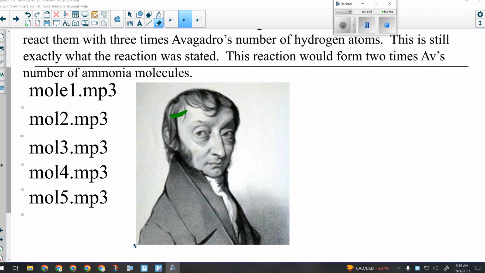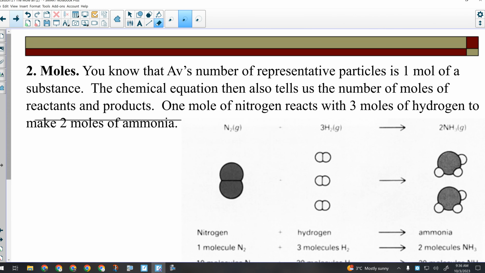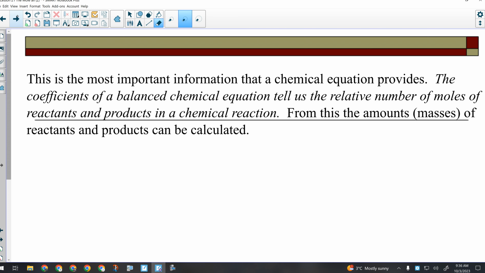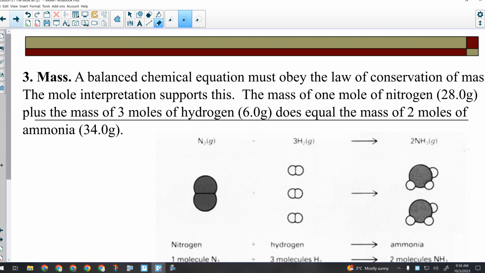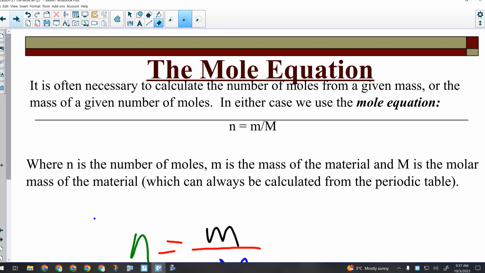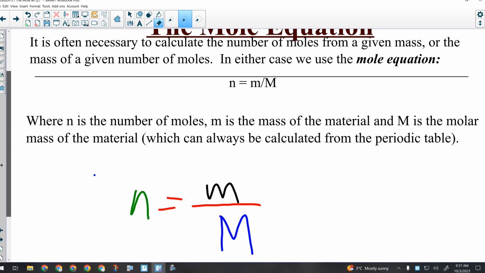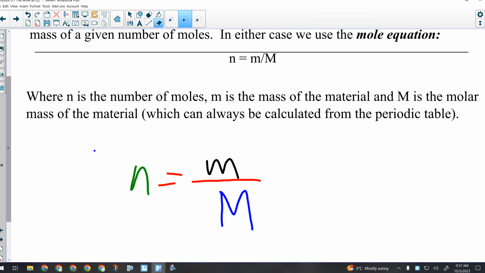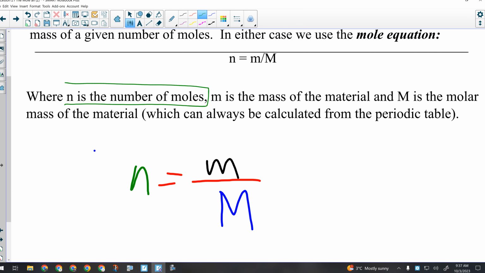Okay, so let's look at the mole equation here, guys. Okay, so the mole equation, n equals little m over big M, where n is the number of moles. And so the units for that would be, obviously, moles, right?